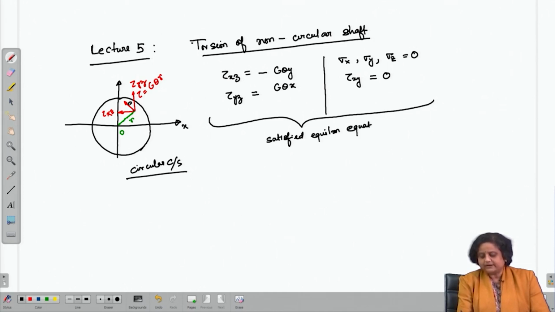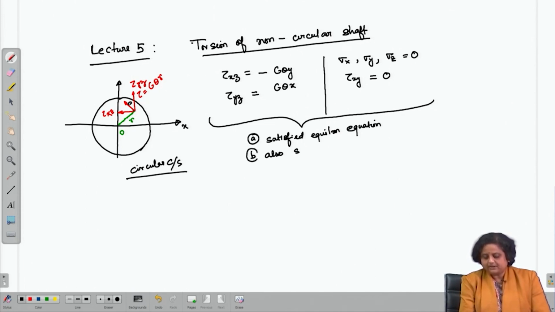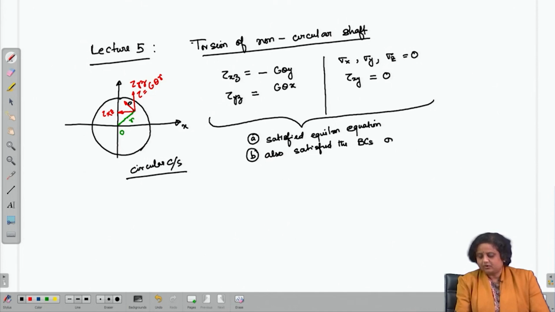It also satisfied the boundary conditions. Number A, it is also satisfied on lateral surfaces perfectly. It perfectly satisfied the force free condition in the lateral surfaces of the shaft.